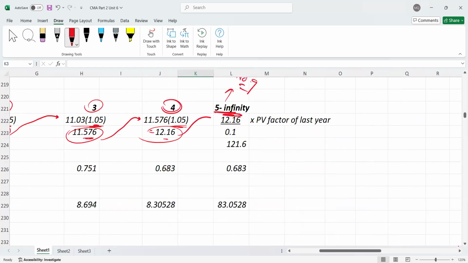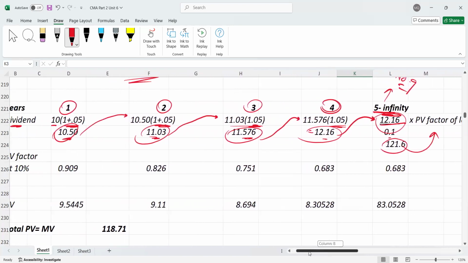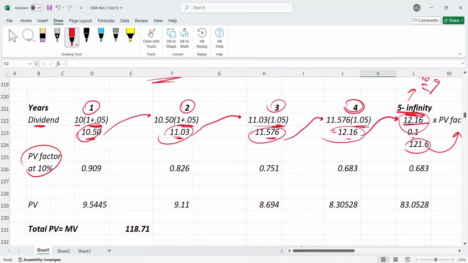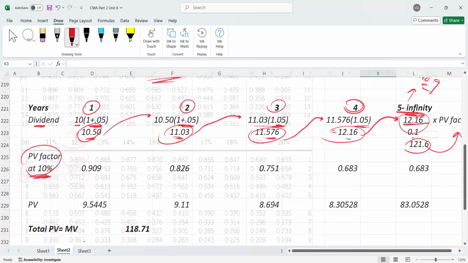Last year dividend will be this dividend divided by investor required rate of return, 10%. If I solve this figure, it will give you 121.6. And then this figure I'll multiply with the present value factor of the last year. So now we have to write present value factors at 10%. Again, you will look into the present value of $1 table. Now you will go to 10%.